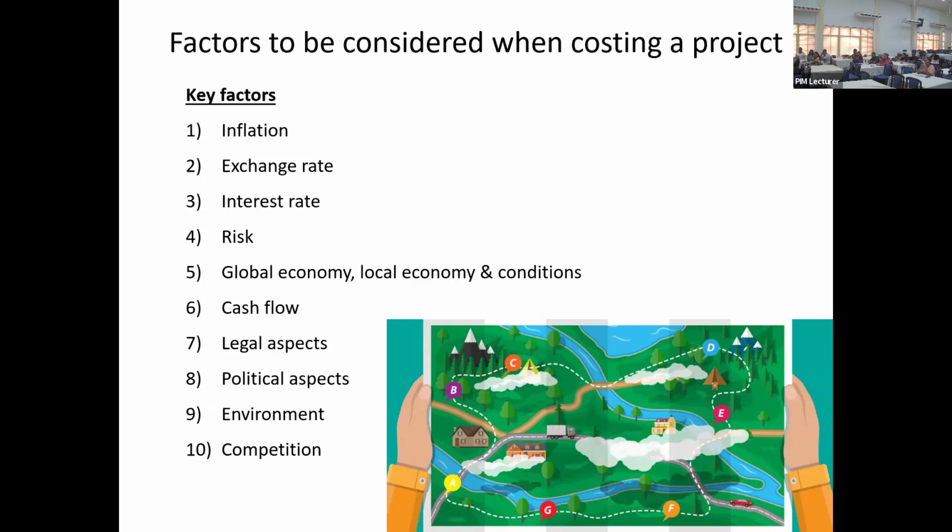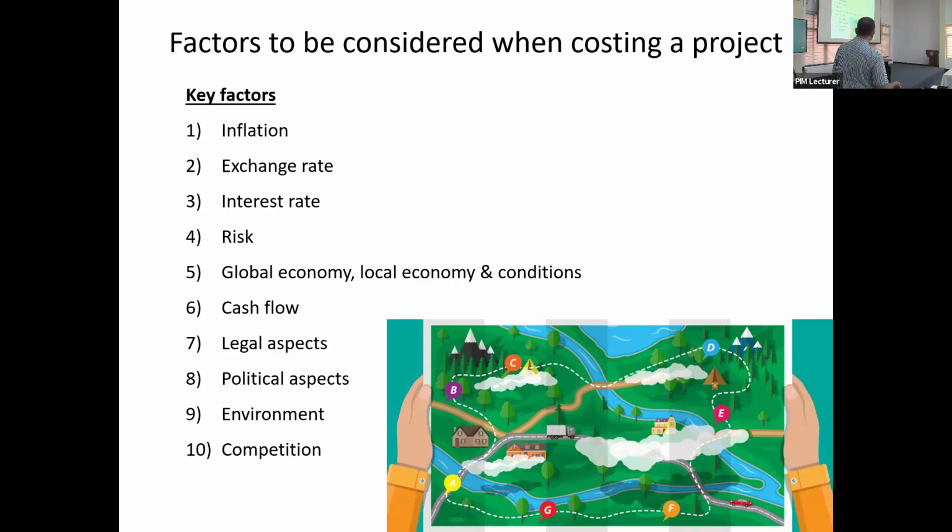Then global and local economic factors, like what Sri Lanka has been through, those affect the projects. Cash flow, which I will look at in a minute. Legal aspects: if there's a risk cross-country, then you need to factor that in. Political aspects, we have seen enough of that.